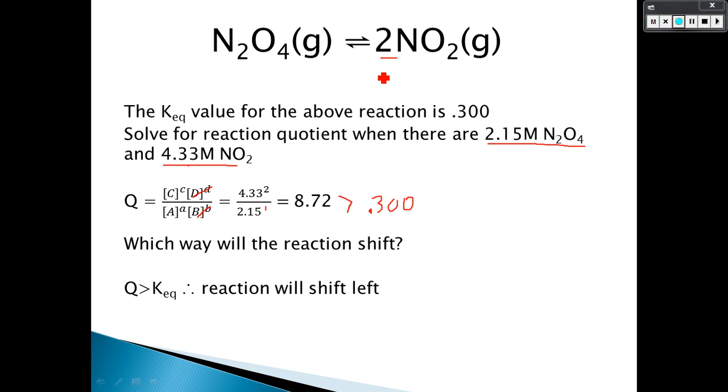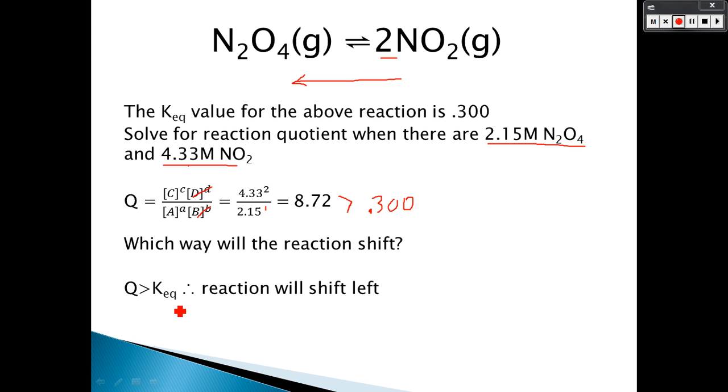Hopefully you got that the reaction will shift to the left. That in order to get this number lower, this number's got to be bigger, and this number's got to be lower. So this reaction is going to shift to the left, meaning the reverse reaction will be faster than the forward reaction until you reach equilibrium.